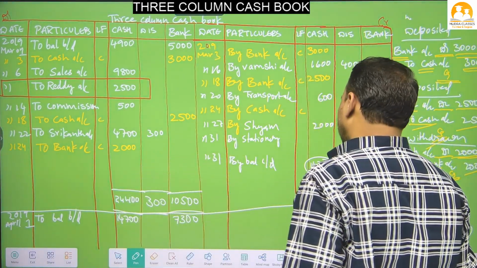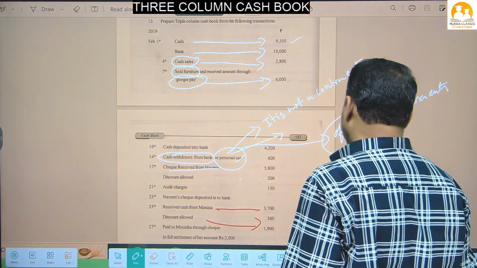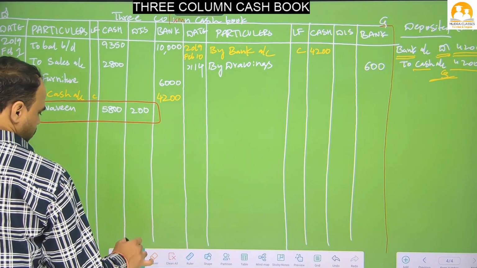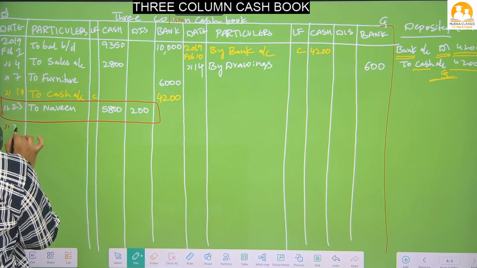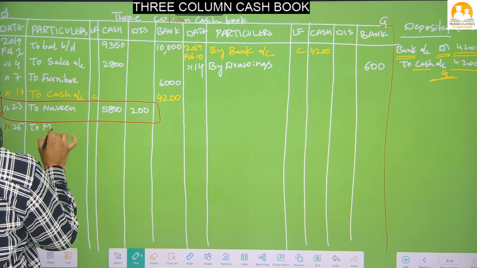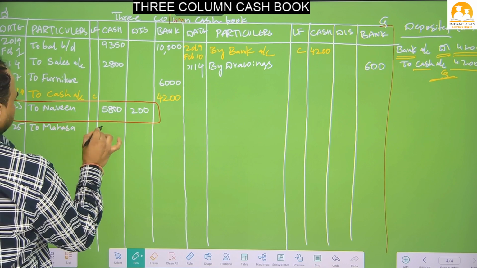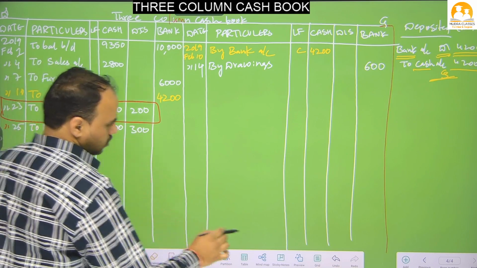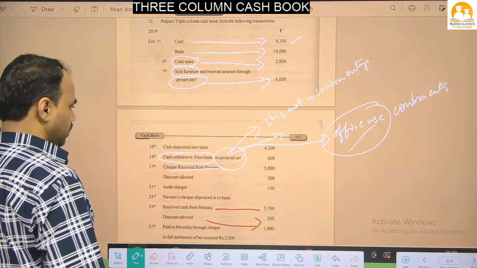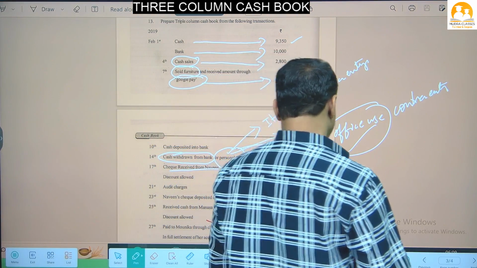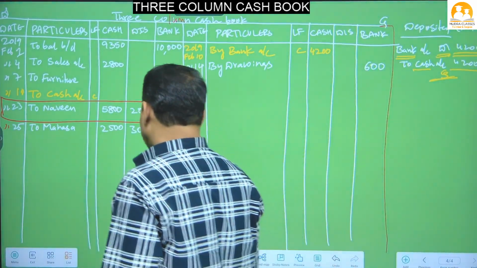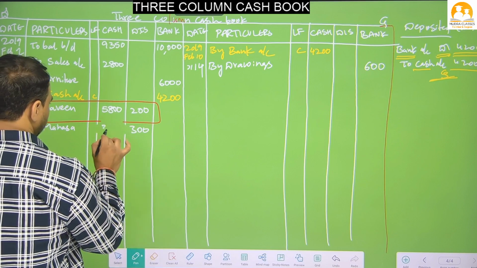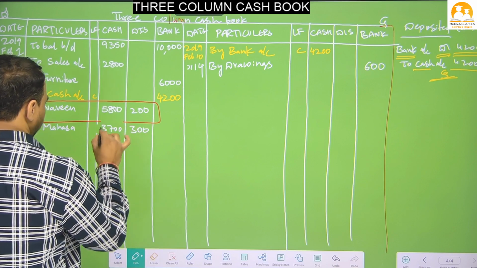To Manasa 3700, discount 300, date 25. Amount 3700, and discount is 300.